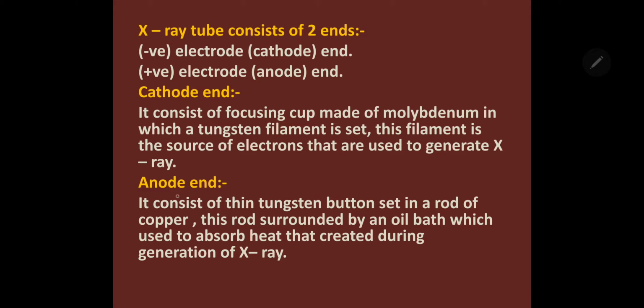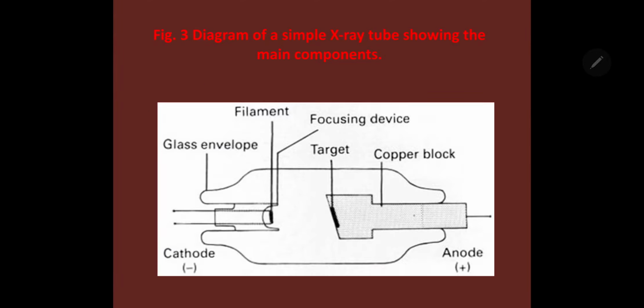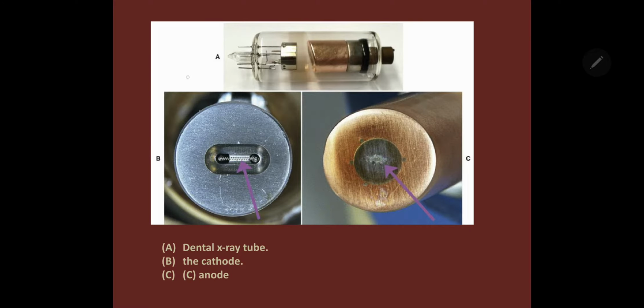Anode end consists of a thin tungsten button set in a rod of copper. This rod is surrounded by an oil bath which is used to absorb heat that is created during generation of X-ray. This figure shows the X-ray tube, the cathode, and the anode.